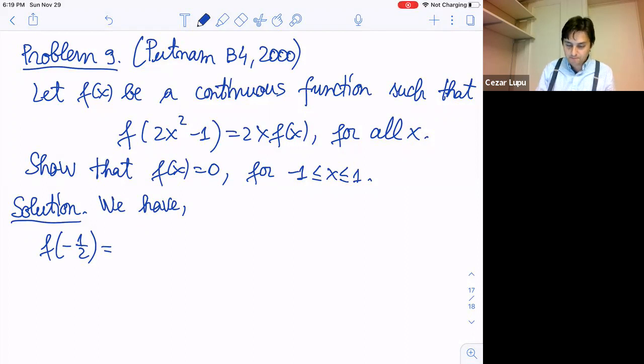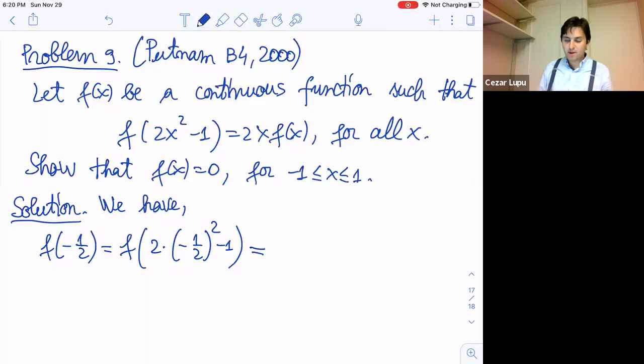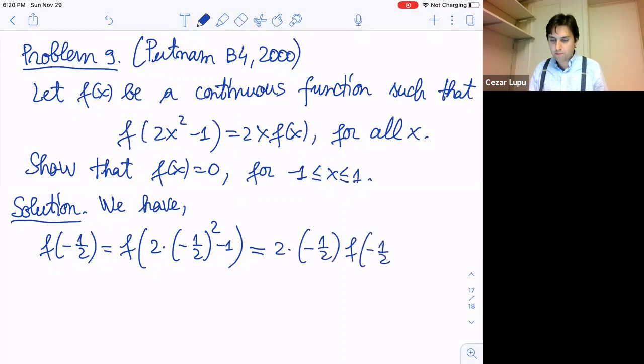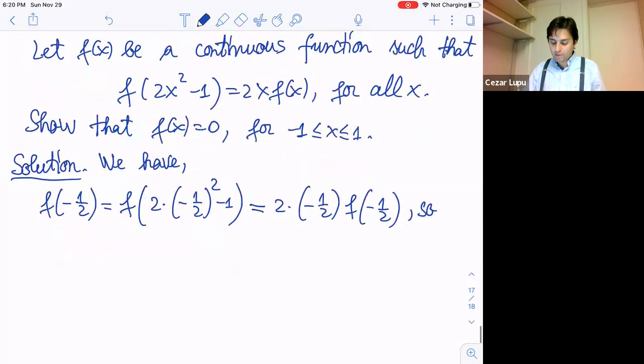So this would be f of 2 times (-1/2) squared minus 1, right? Because 2 times 1/4 is 1/2, minus 1 is -1/2. And now I'm going to use the condition in the problem, so it will be 2 times -1/2 times f of -1/2. Wow. So f of -1/2 is 0.